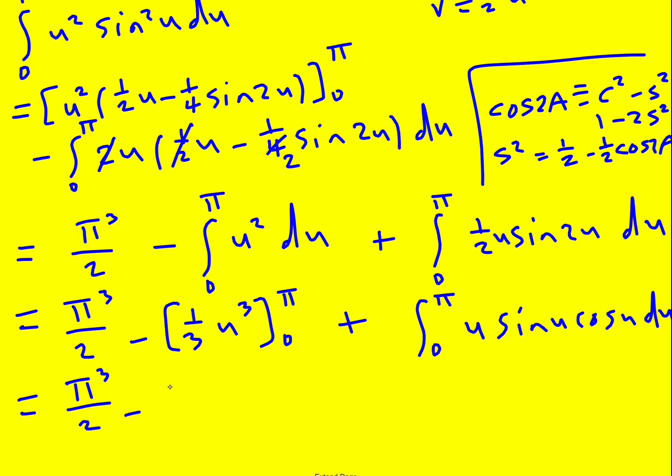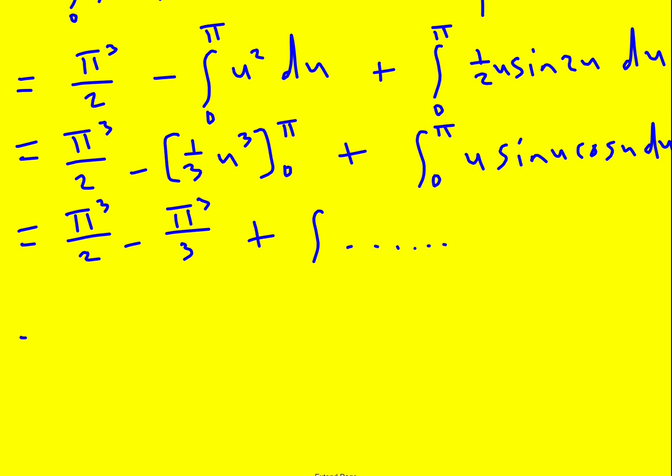When I substitute in, I'm just going to get pi cubed over 3 plus this same integral. I'm not going to write it out. And this is 3 pi cubed over 6 minus 2 pi cubed over 6. So I'm going to get pi cubed over 6.